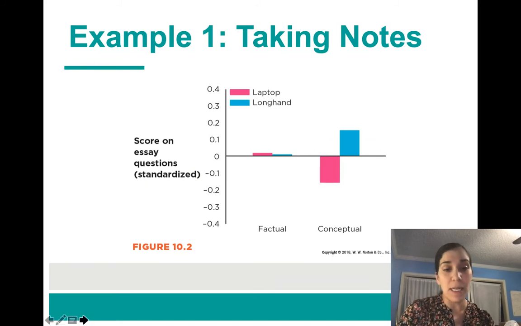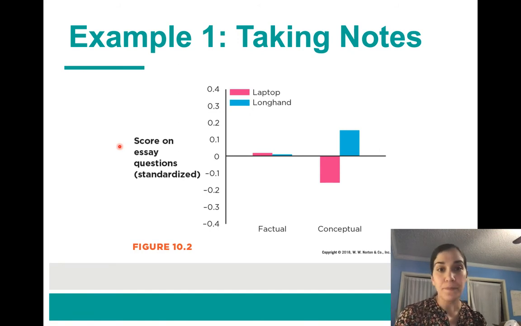What this study did was, let me pull up my little laser pointer. What this study did is they split participants up into two groups where they either had these participants take notes using a laptop or take notes pen and paper longhand, right?